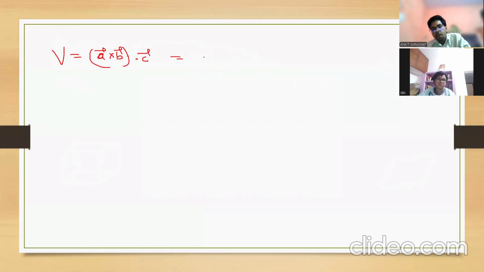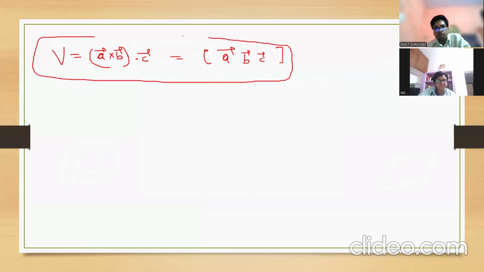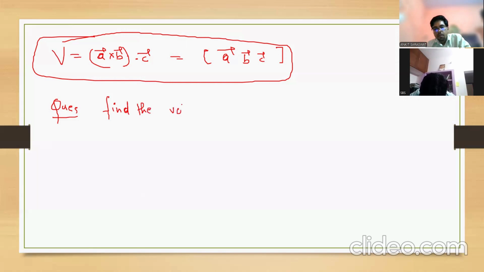How to write this in a box? Write ABC. Write a question. Find the volume of parallelopiped in meter cube, whose edges are represented.